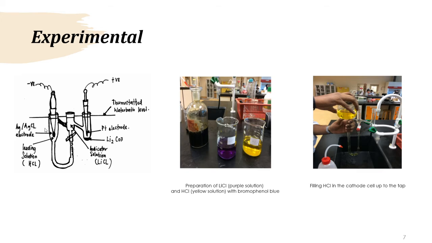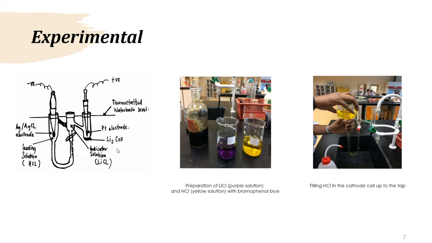The other thing is that you have to rinse the cell well with the leading solution, which is HCl. Now, because you want to make sure that you can really see the boundary between the indicator solution and the HCl solution, we use bromophenol blue to mark the difference.